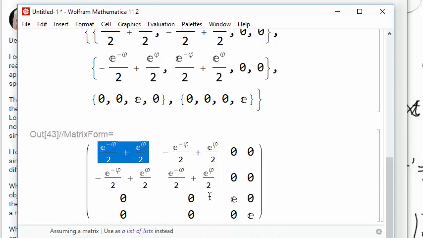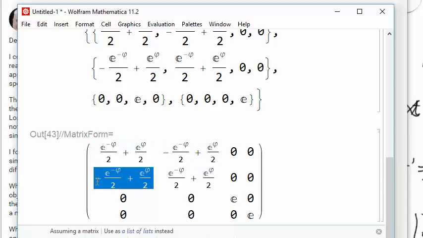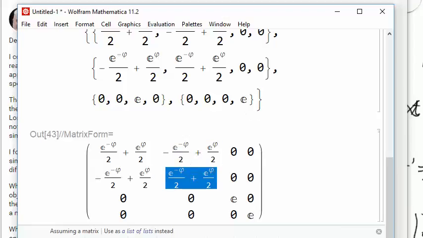That is hyperbolic cosine of phi. And e to the phi minus e to the negative phi over 2. That is the hyperbolic sinh. And then this is also the negative of the hyperbolic sinh. These are both negative sinh, and this is cosh again.